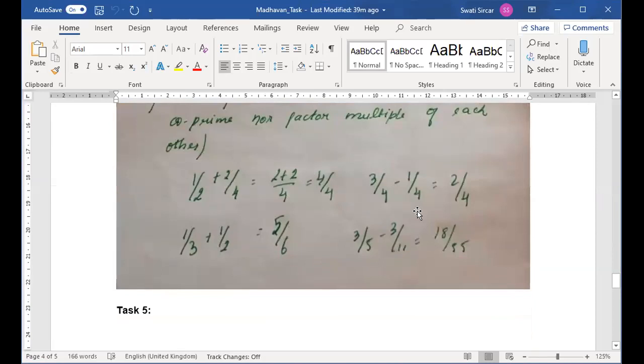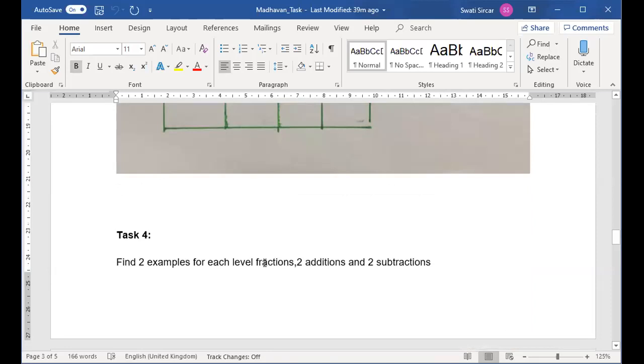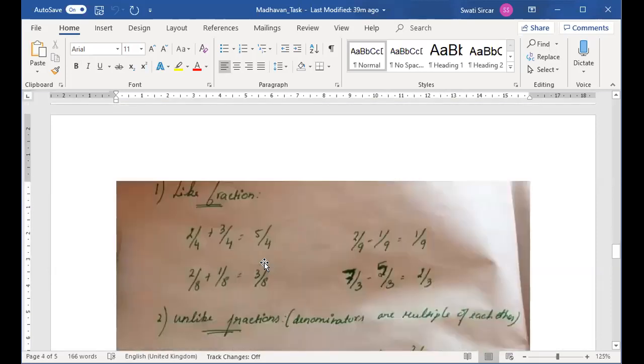But see how here, Madhavan has taken pictures and just put them in the Word file. That really helps, so that would be appreciated. Okay, so that was task 4.